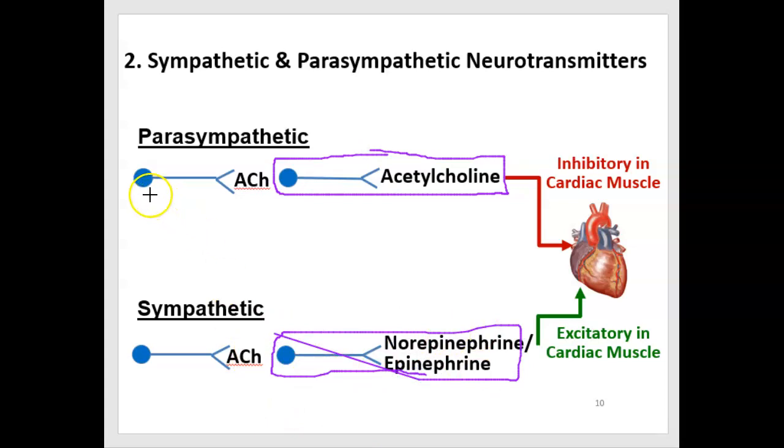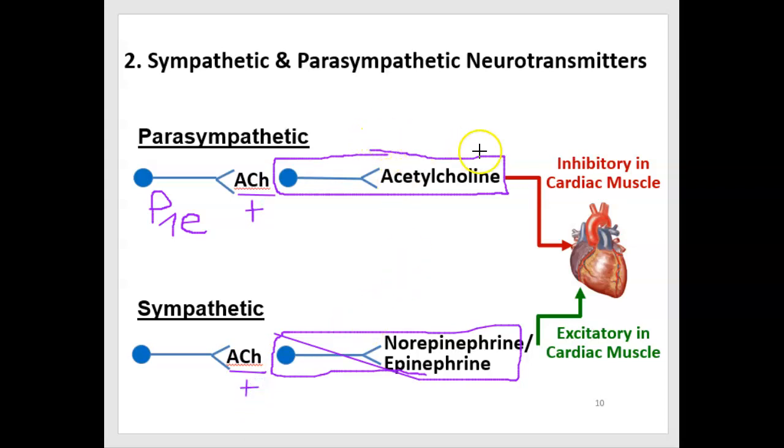But there's a preganglionic neuron that I guess we should consider. And in that case, acetylcholine is released by both. And acetylcholine is excitatory to the postganglionic neuron, just to be complete.